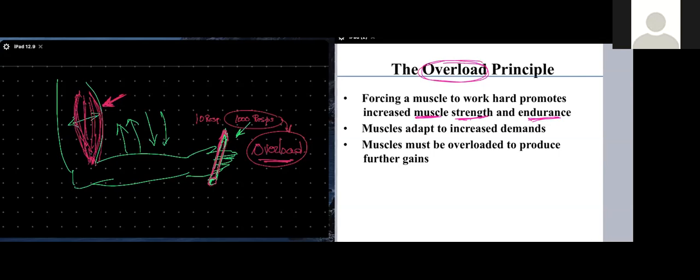This is still an overload, but it has its bad side because it is also going to be irritating the tendons of the muscles as more friction takes place. But again, having 1,000 reps moving a light load is going to be considered an overload. Yes, definitely.